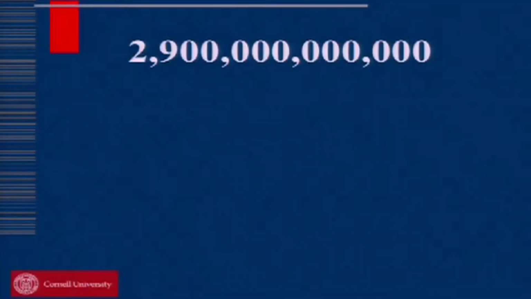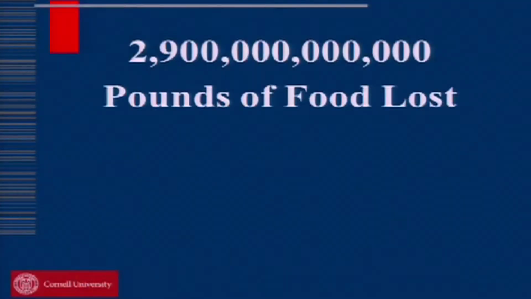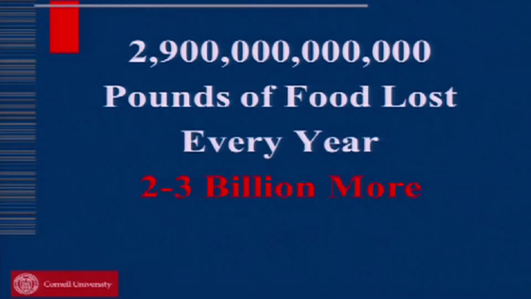This is actually the number of pounds of food that is lost in the food system. That corresponds to about 1/3 of all the food that is being produced in the world today, and it will feed somewhere around 2 to 3 billion additional people.